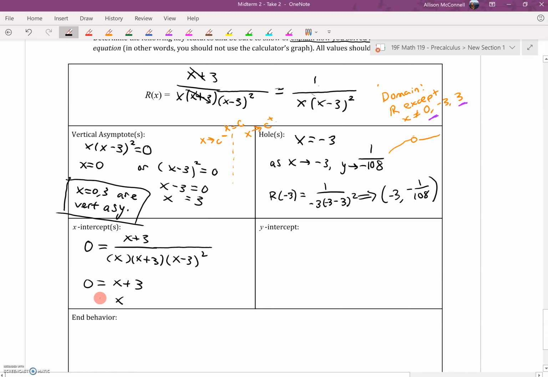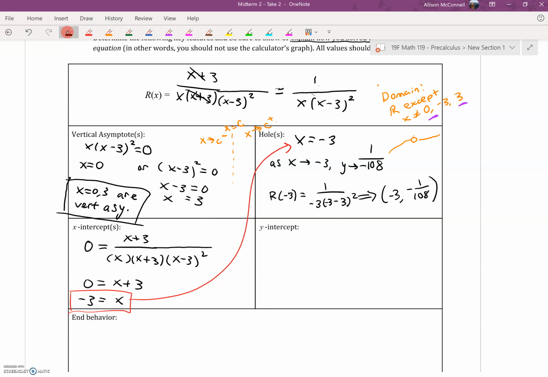And so then I get x is equal to -3. But if you notice, this x equals -3 is our hole, which means that it's been punched out, that we don't get a value at x equals -3. So we're never going to actually cross anywhere. And so that would be finished there.